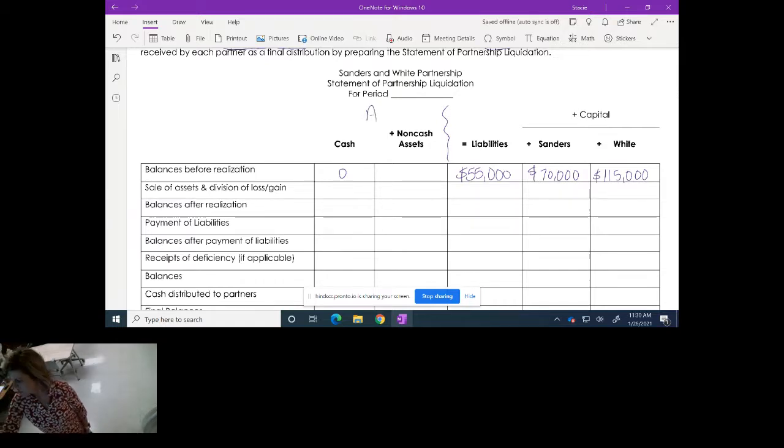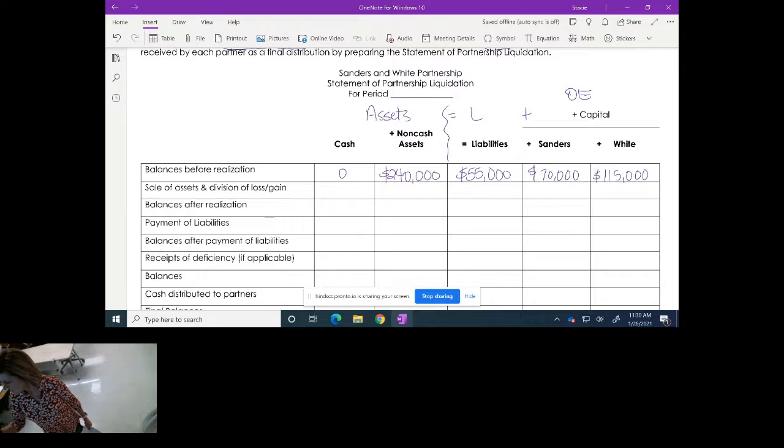So remember your accounting equation: assets equal liabilities plus owner's equity. If you had to figure out how much you had in non-cash assets, how would you do that? You just add those capital amounts up, and the liabilities, capital and liabilities. So how much do I have in non-cash assets? 240.